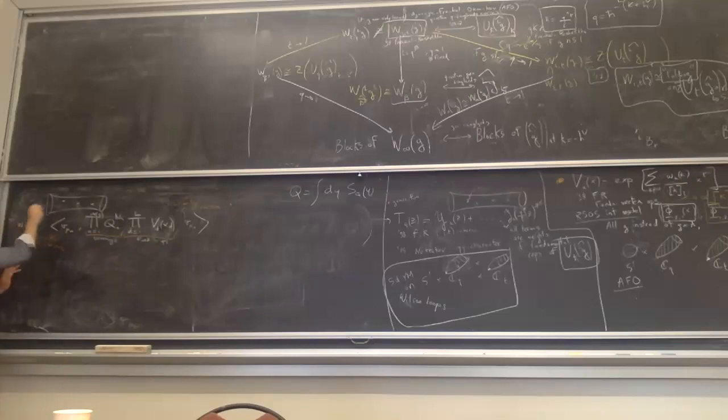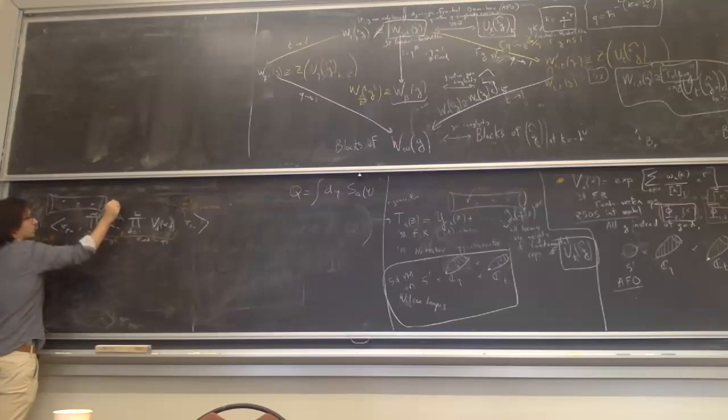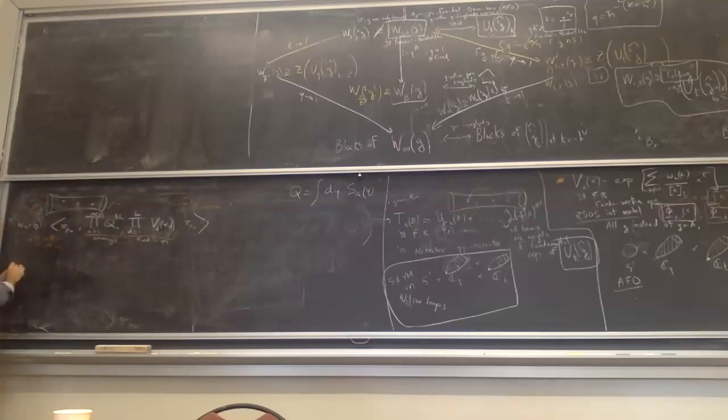So at each point, here I'm going to put mu infinity, here I'm going to put mu 0. At each point, you insert V1 at x1, V2 at x2, and so on.